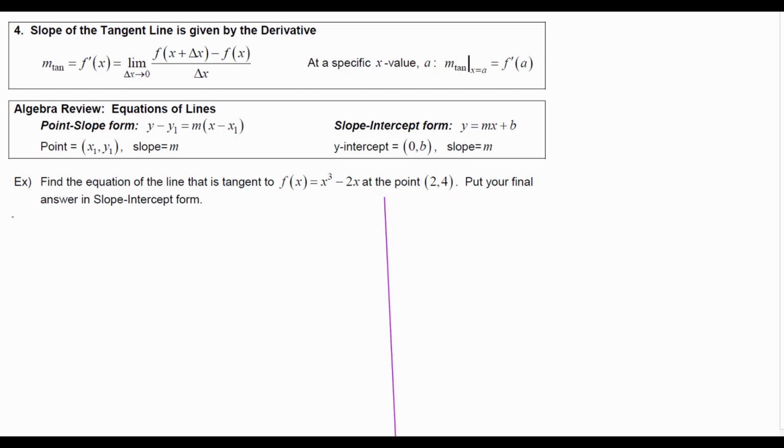All right, so let's find the slope function m tangent, which is equal to our f prime of x. And we can find f prime of x using the limit definition.